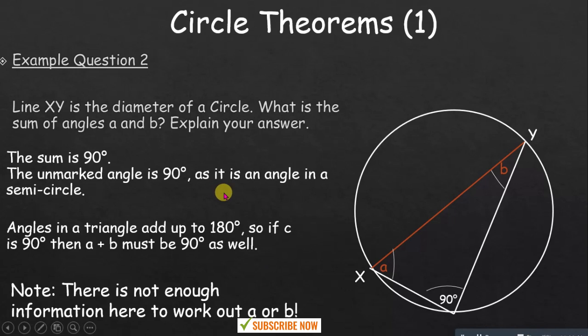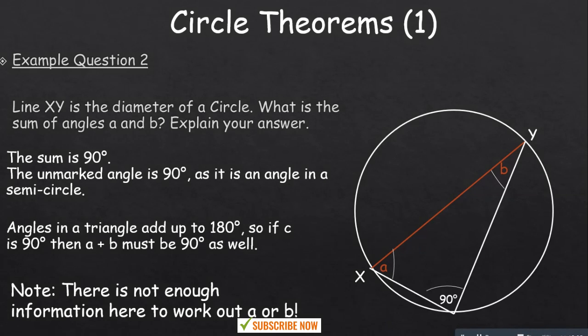But again, we are saying that we need more information to be able to find the separate answers, to be able to find the value of A and the value of B. Please, when you have this in your exam, don't take your rule, your compass or your protractor and start measuring it, because it will give you a wrong answer.